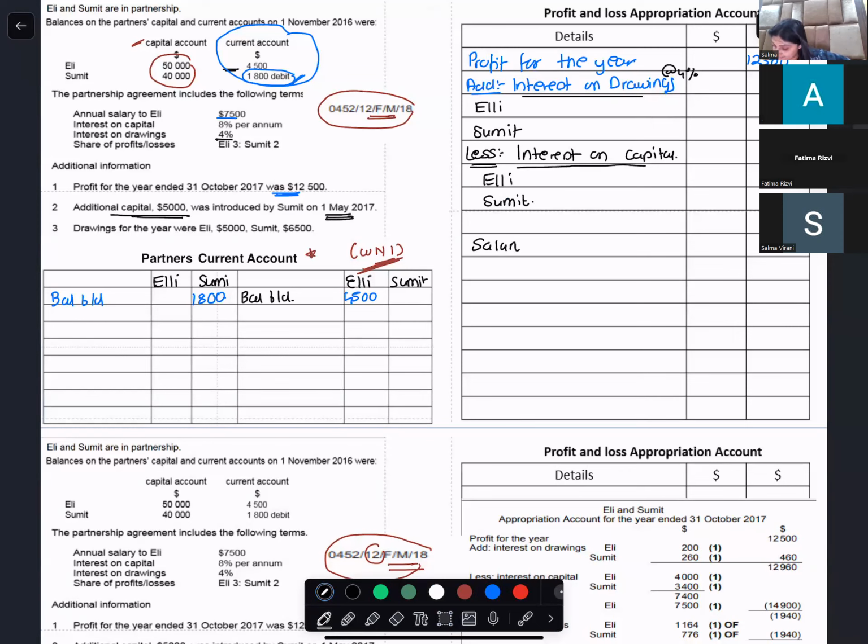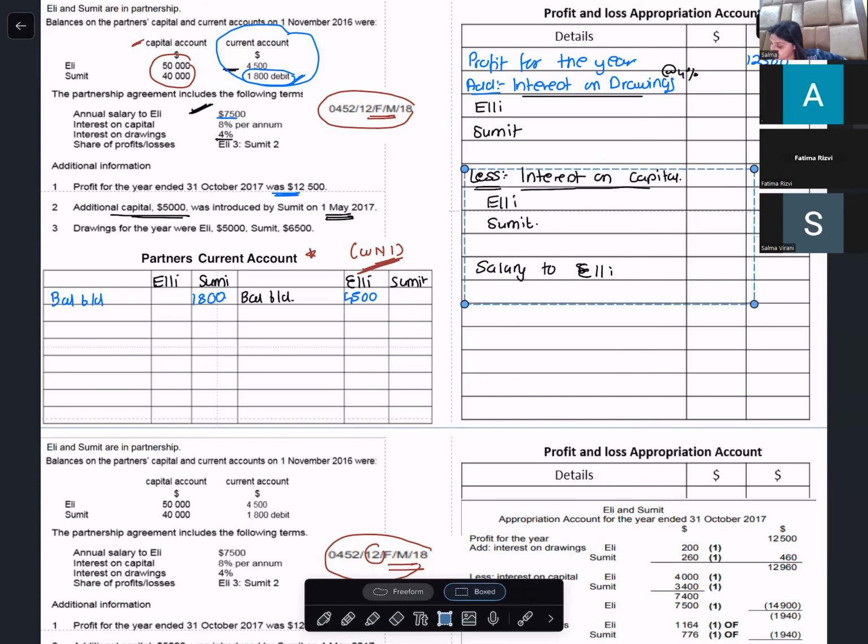Then there is salary to Elli. Miss, don't we leave a line after the interest on drawings? Yeah. After the interest on drawings, you leave a line. Salary to Elli is how much? 7,500.